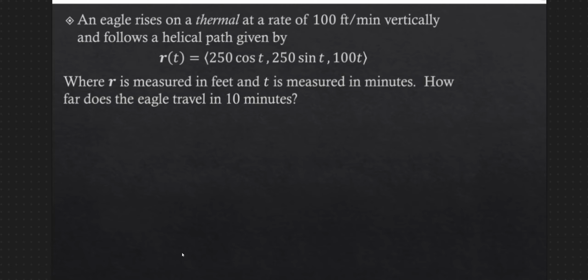So let's return here. In the last video, I mentioned that in order to get the length of this curve, we integrate from t equals 0 to t equals 10 of speed.